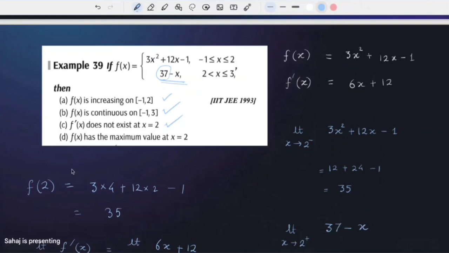What is your first criterion for finding the extremum? You take the first derivative and set it equal to 0, and solve for x. But since the definition of this function changes, you've got a point where it is not differentiable. You already know it's not differentiable at x equals 2. So at those points the derivative test will not work, and you have to check explicitly.